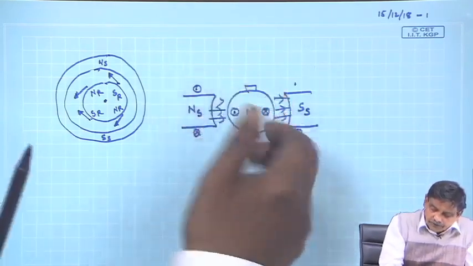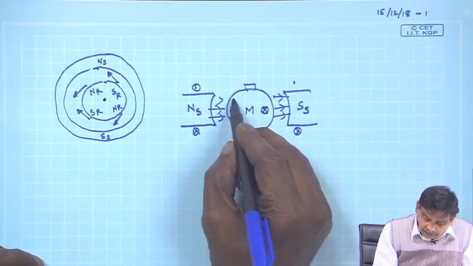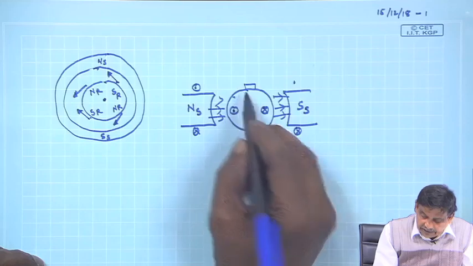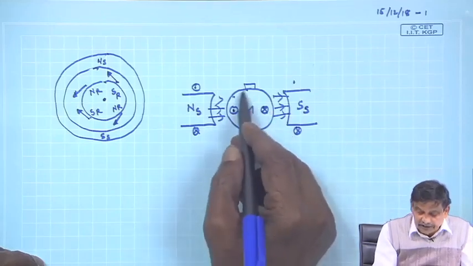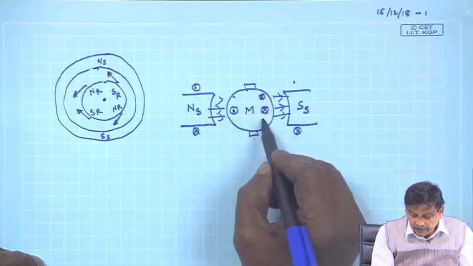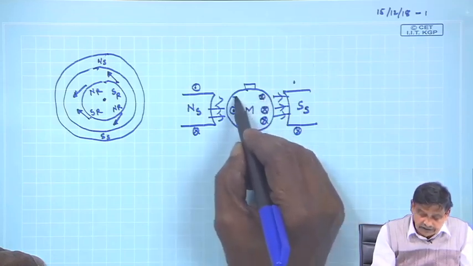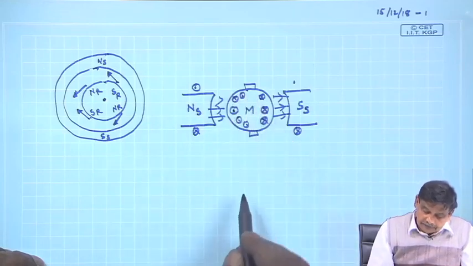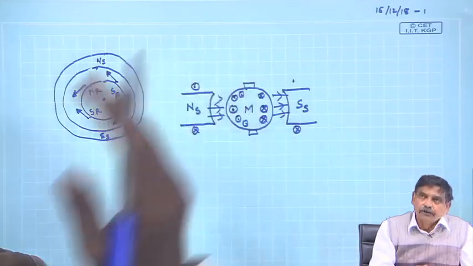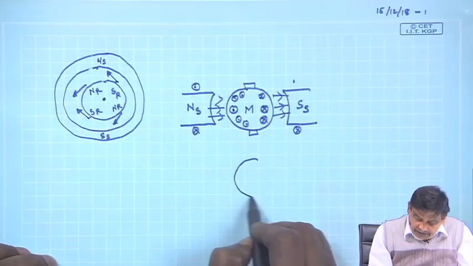It will also produce 2 poles. There are several conductors here, all carrying dot current on the left side of the brush and all carrying cross current on the right-hand side of the brush, is it not so in DC machines? So the field will also be created by the rotor, that is what I was telling. So the rotor will create a field.